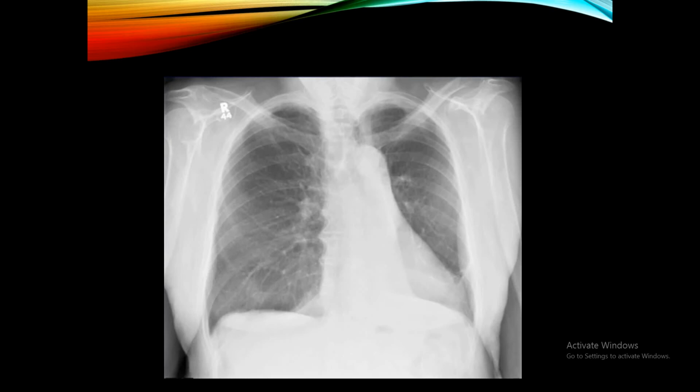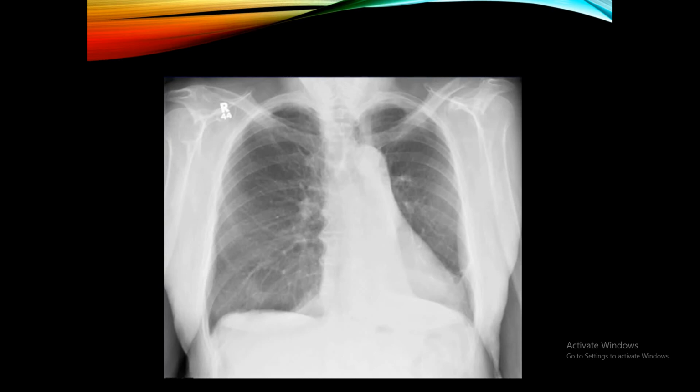This is the first observation. The second observation is that behind the heart we have two lines, as if there were two cardiac borders. This is called double left cardiac border, or retrocardiac triangular opacity. The third observation is that normally the left dome of the diaphragm is lower than the right dome, but in this chest X-ray the left dome is higher than the right.